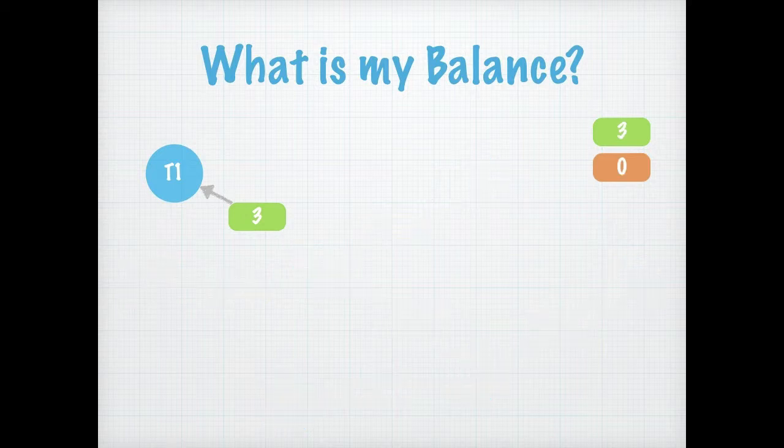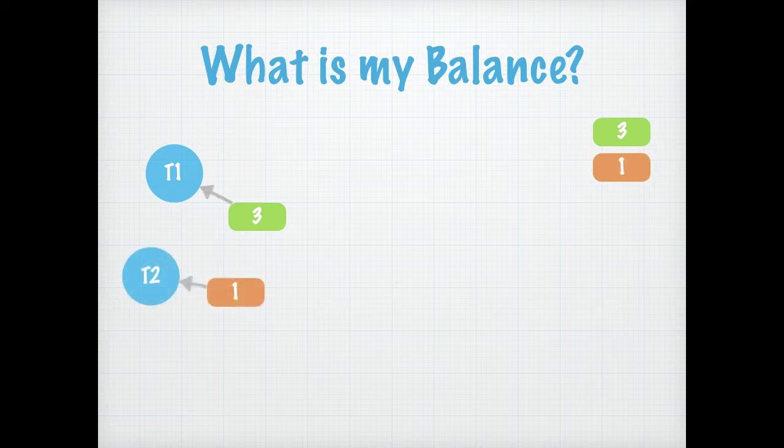So let's look at how this works. If we start with transaction T1, it sends money to somebody with the green public key. And because it hasn't been spent yet, it's just an open output, it's not an input to any other transaction. That means that whoever has the green public key now has a balance of 3 bitcoins.